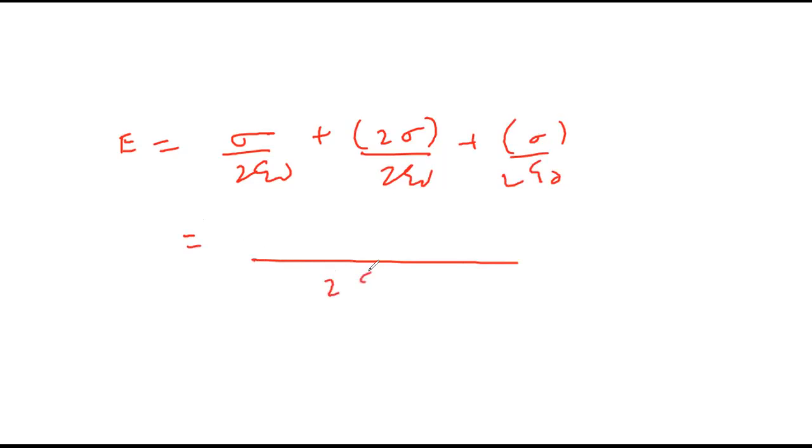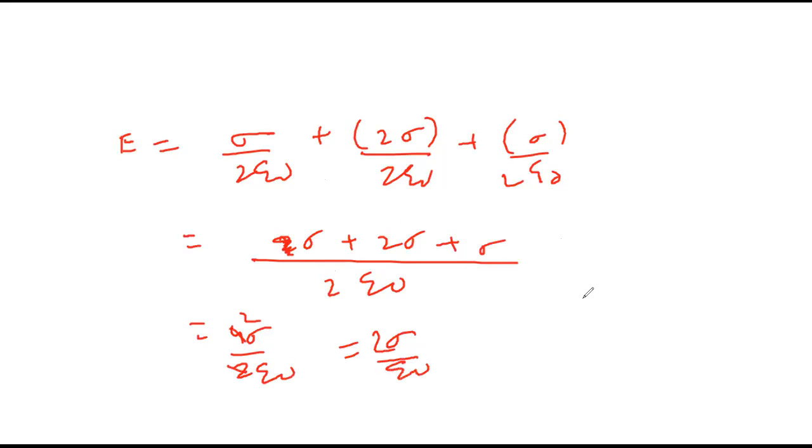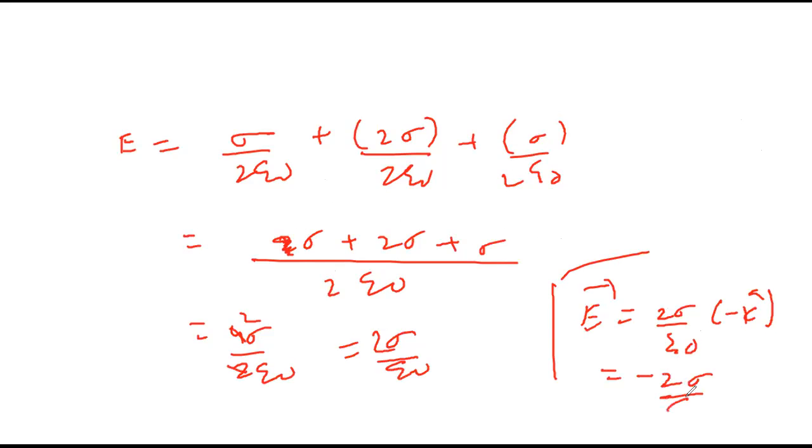So the LCM is 2 epsilon naught: sigma plus 2 sigma plus sigma only, that is 4 sigma upon 2 epsilon naught, which is 2 sigma upon epsilon naught. So E bar equals 2 sigma upon epsilon naught. All are acting opposite to Z, so minus K cap. So it will be minus 2 sigma upon epsilon naught K cap.